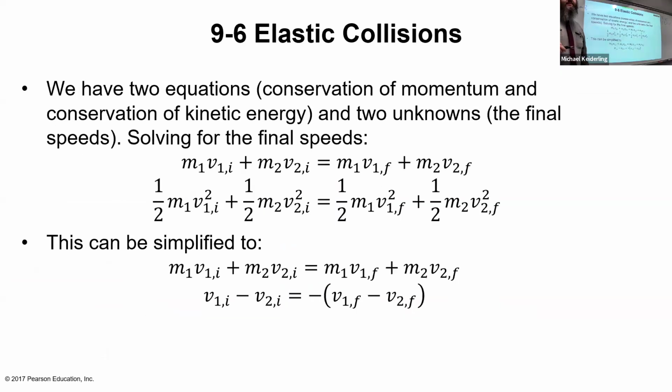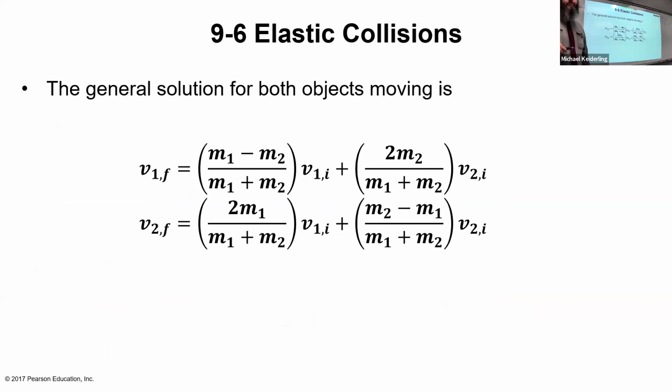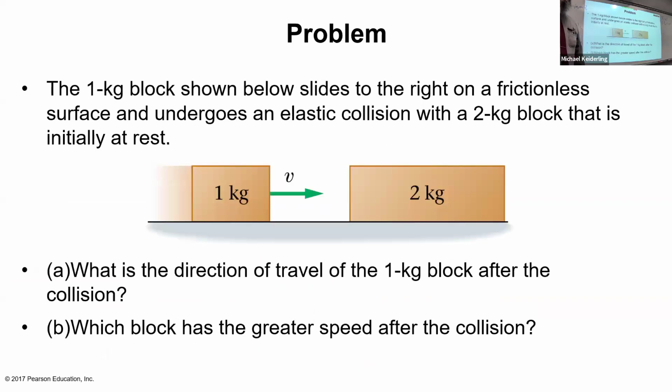We were talking about elastic collisions. So here's another problem. The 1 kilogram block shown slides to the right on a frictionless surface and undergoes an elastic collision with a 2 kilogram block that is initially at rest. What is the direction of travel of the 1 kilogram block after the collision?